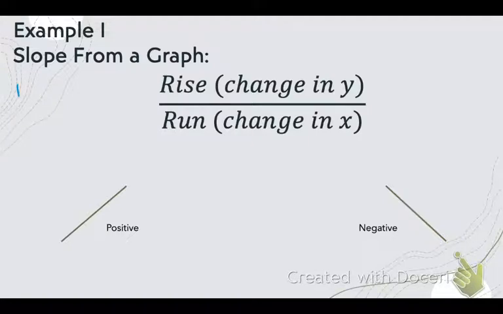So the first thing I want you to write is the direction. When we talk about direction, we talk about the line being a positive line or a negative line.